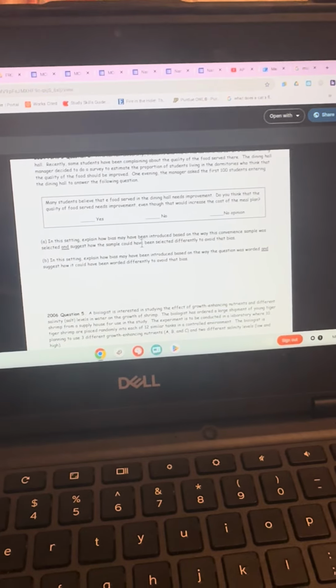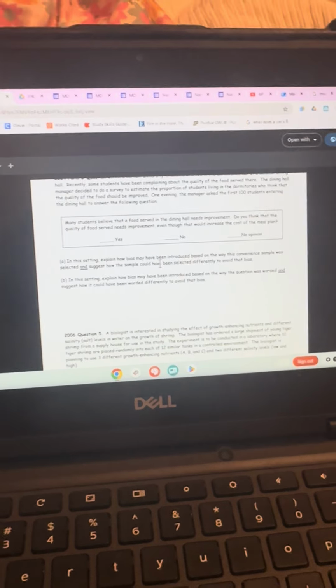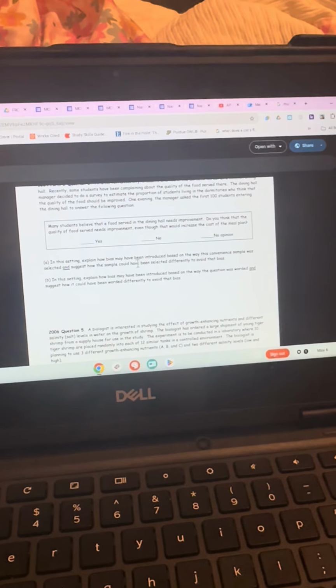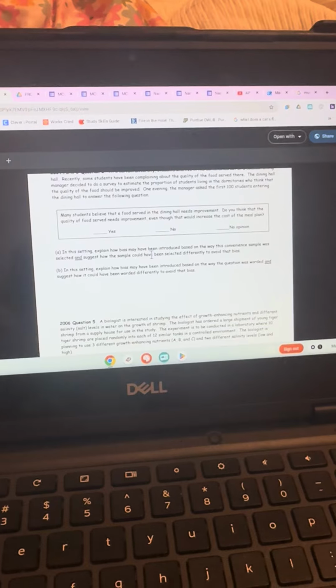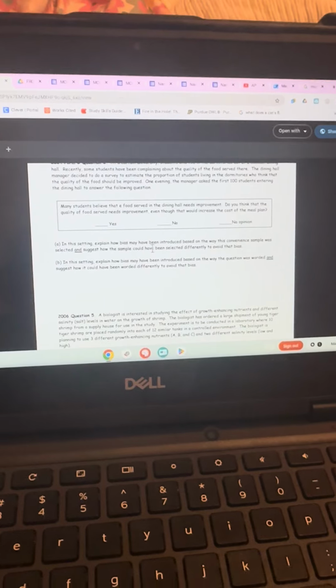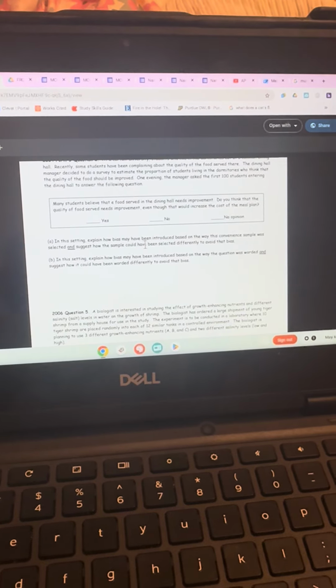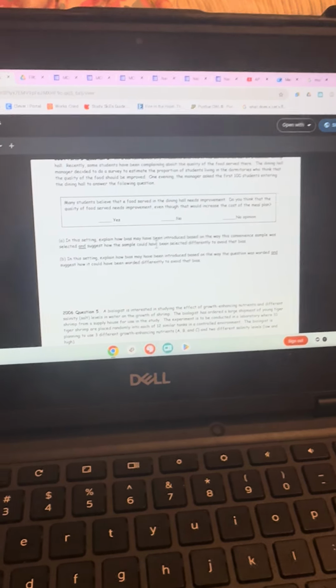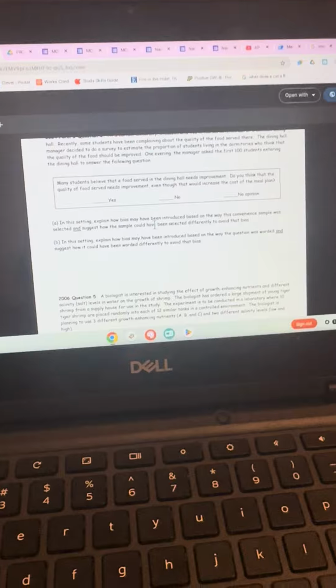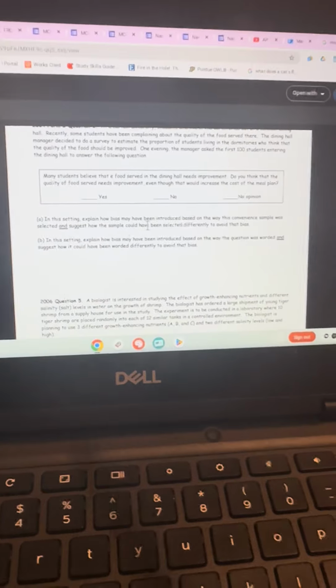So what you would need to do is sample out of the dormitories. Even if you were still going to do just the 100 student sample, you could pass it in the dorms, like randomly pick the rooms, maybe start on a random room and then pick every second, third, fourth, whatever room.